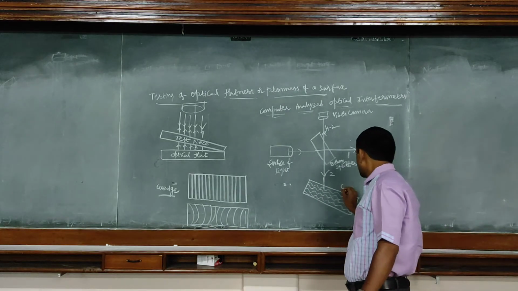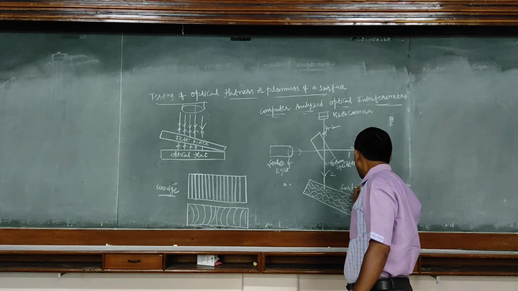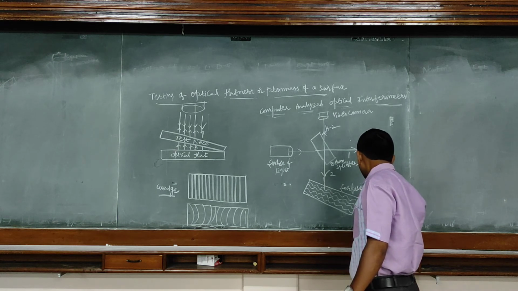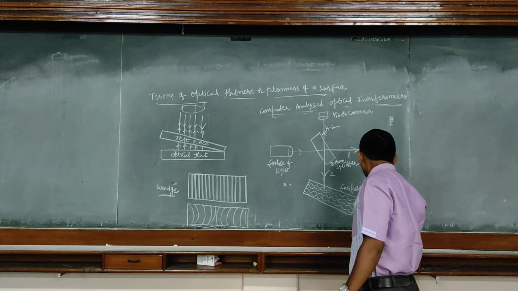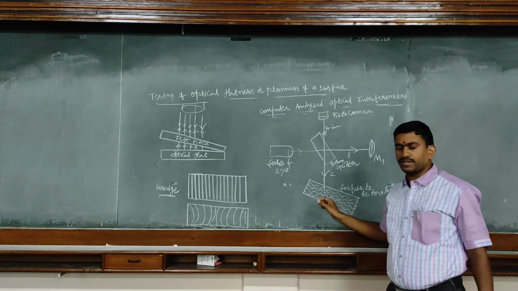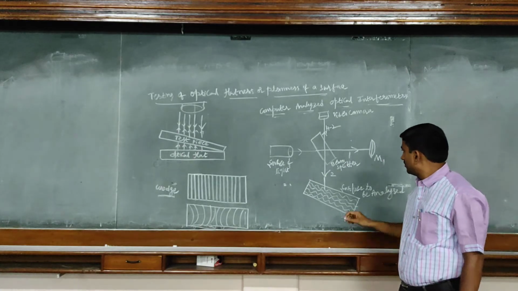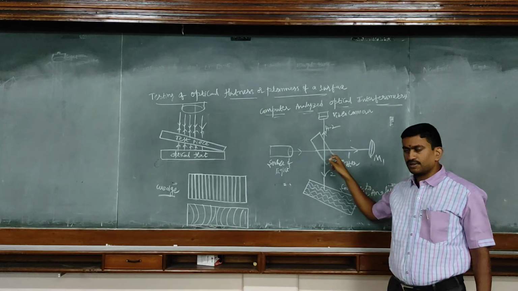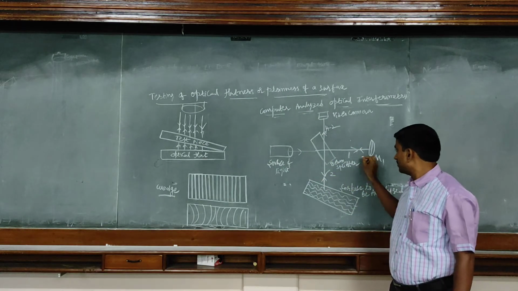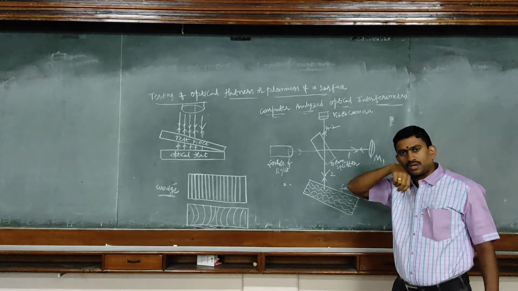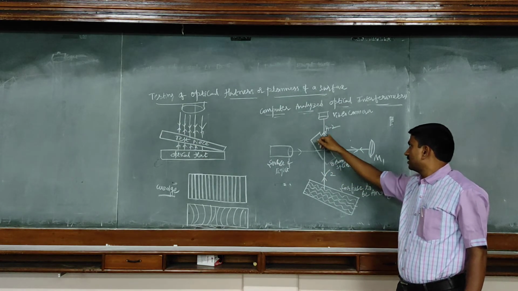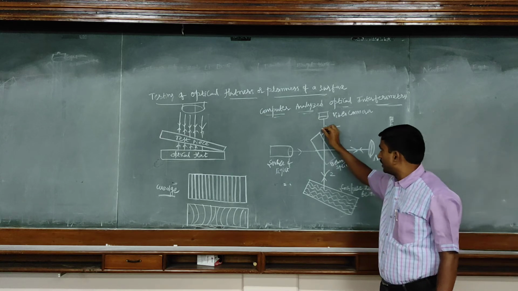Ray 1 is reflected back from the mirror M1, and ray 2 is reflected back from the surface to be analyzed. These two rays 1 and 2 again meet at the glass plate and travel in the vertically upward direction.